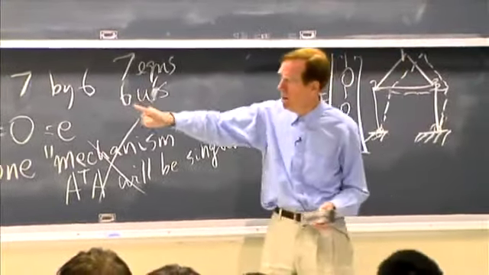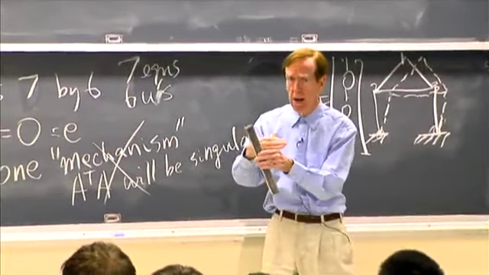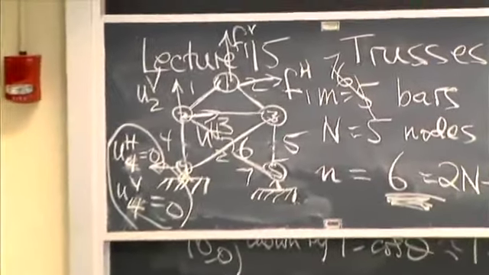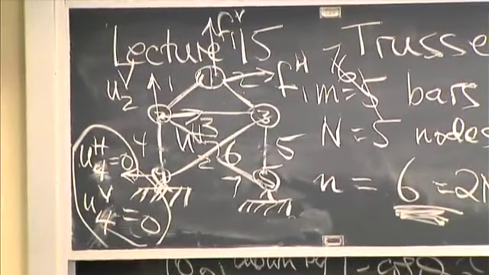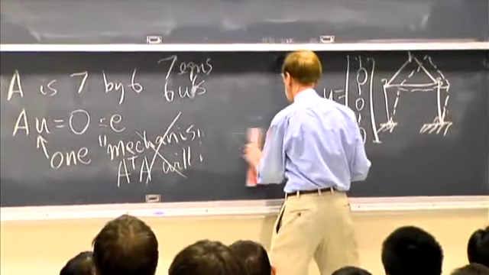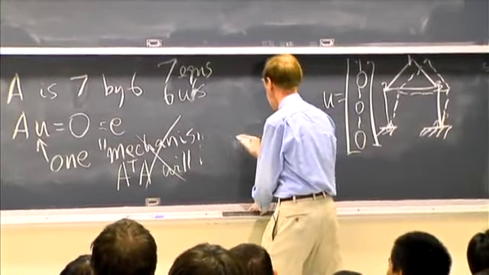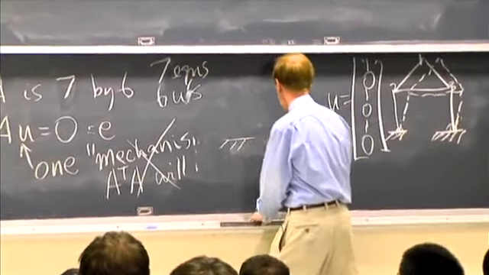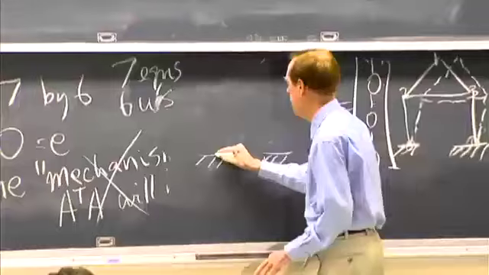With those 7 bars, those diagonal guys, that made it stable. Our eye tells us that before we do any linear algebra. Shall we support both of these?